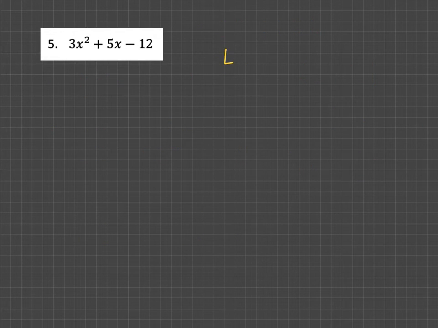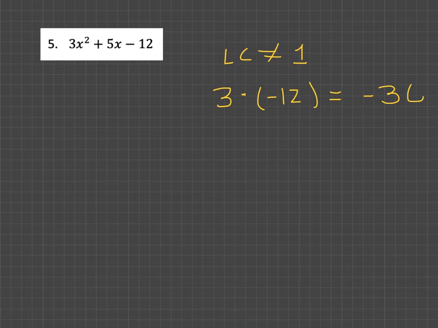This quadratic has a leading coefficient that's not equal to 1. So we can't just write down the parentheses and put x and x in there. We have a first step, and that is to multiply the leading coefficient, the 3, times the constant term, which is the negative 12. And that is going to give us a negative 36.